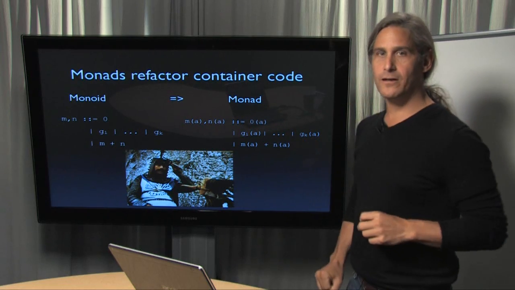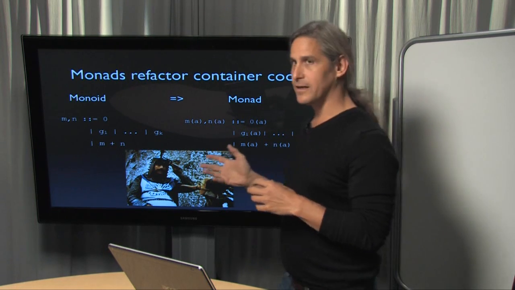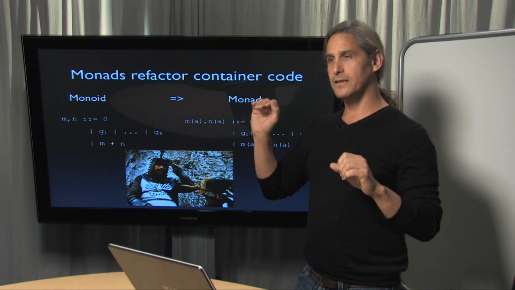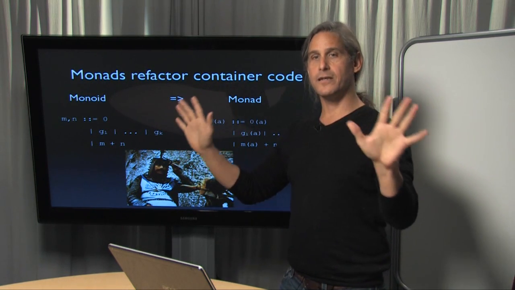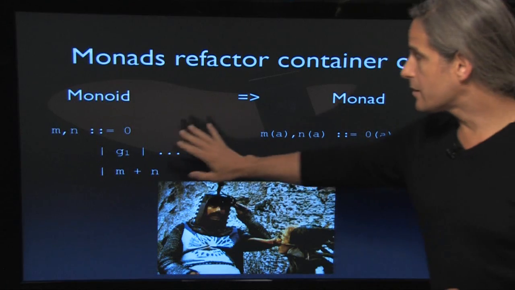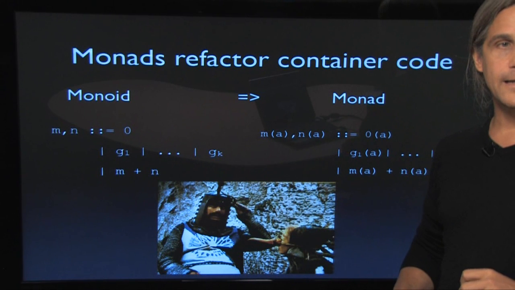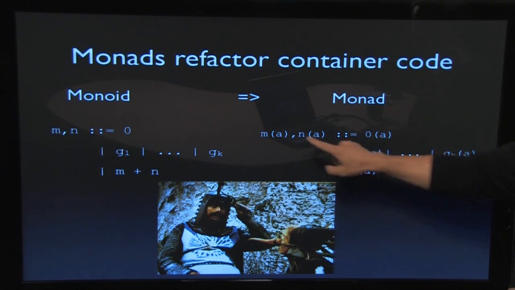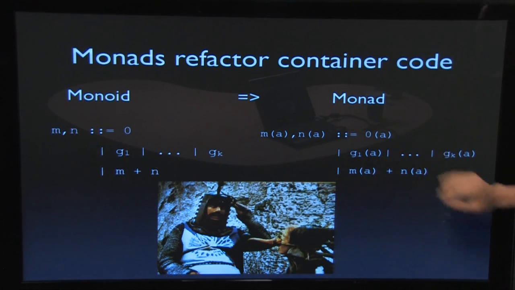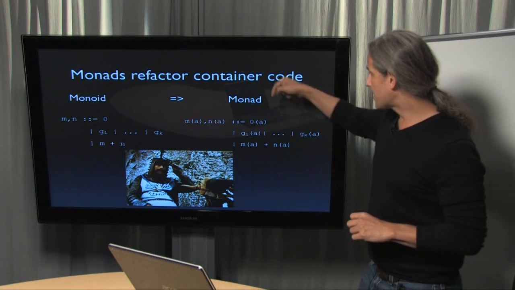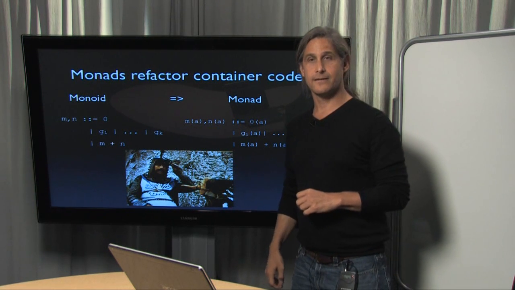That's essentially what's going on here. I am subtly insinuating an isomorphism between types and grammars. They are the same idea. And what we've really done is we've gone from a non-polymorphic type to a type that is polymorphic. That's the transition from monoid to monad. And the polymorphism is the trick of putting things inside the container. That's it.